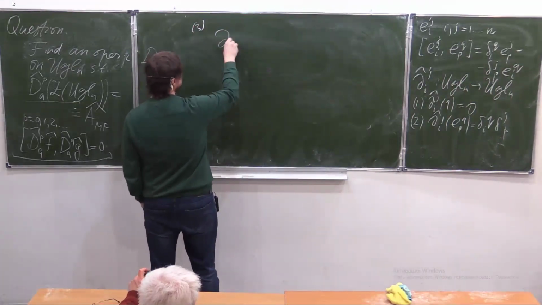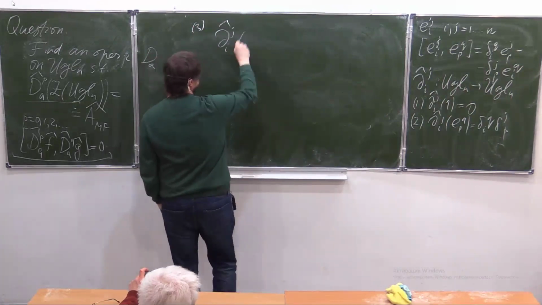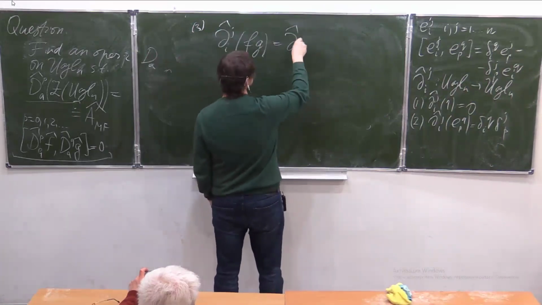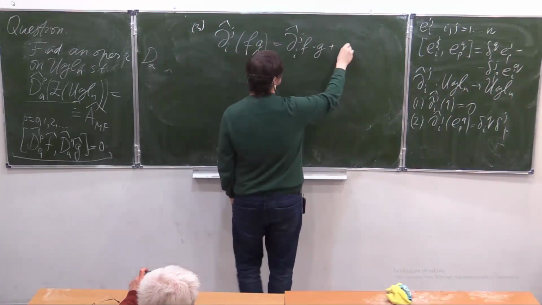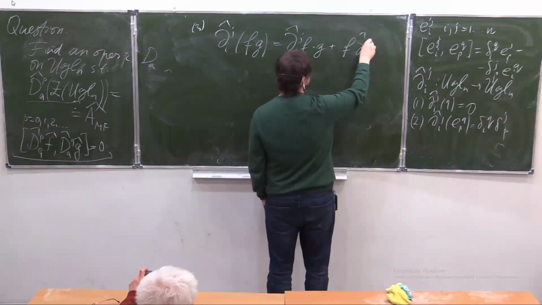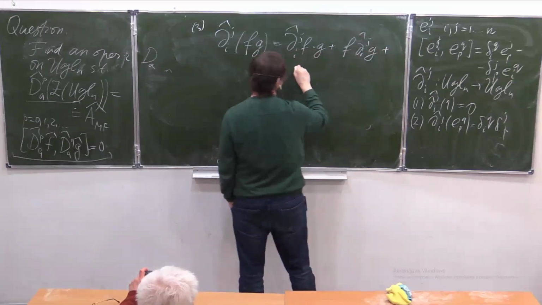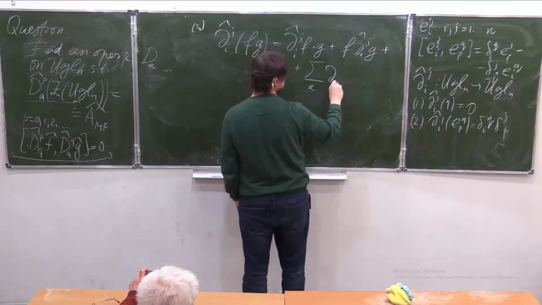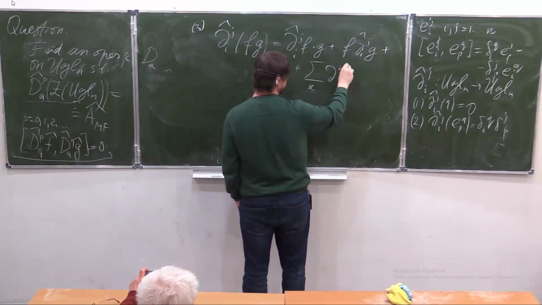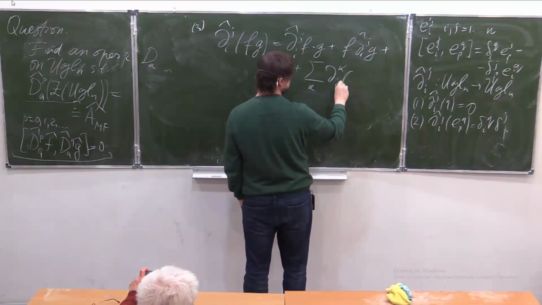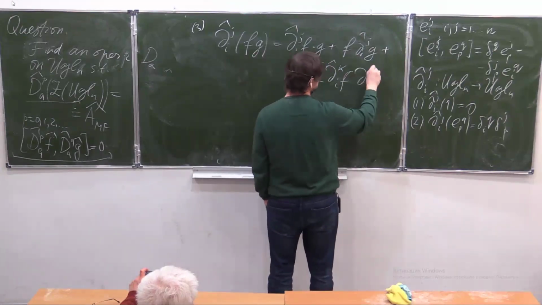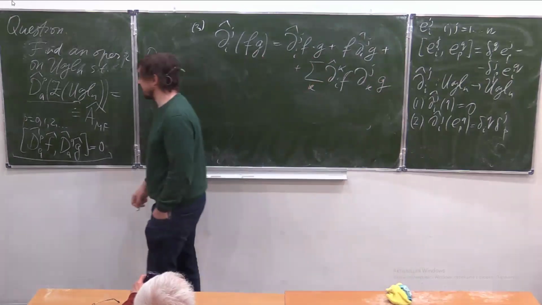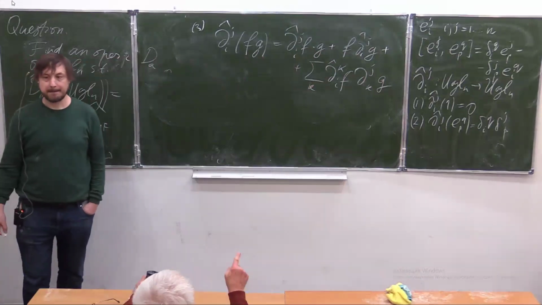When you have D̂ij and apply it to the product of f and g, it will equal D̂ij f times g plus f D̂ij g plus the sum over k of D̂ki f, I believe it should be like this, D̂kj g.